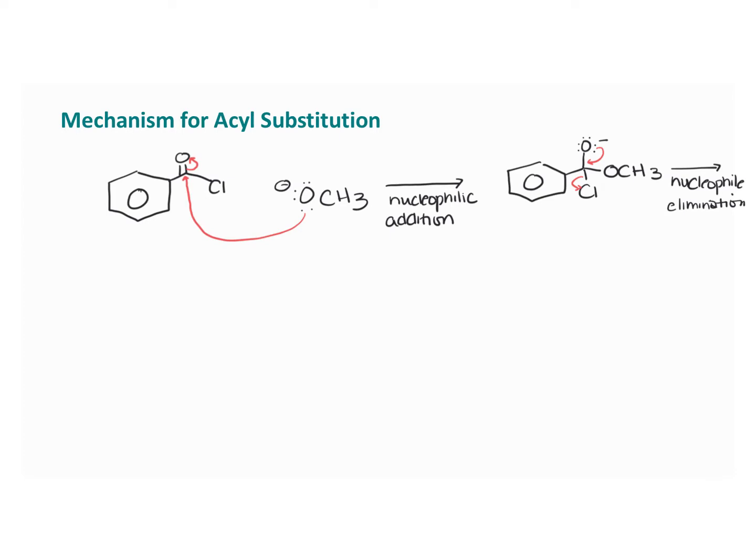So sometimes you'll hear me use that interchangeably, but I want you to be aware of that. And here's our product. This is just the same steps as before: nucleophilic addition, nucleophilic elimination, we have our product.